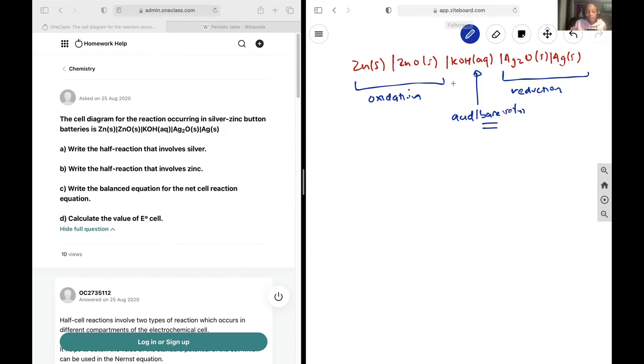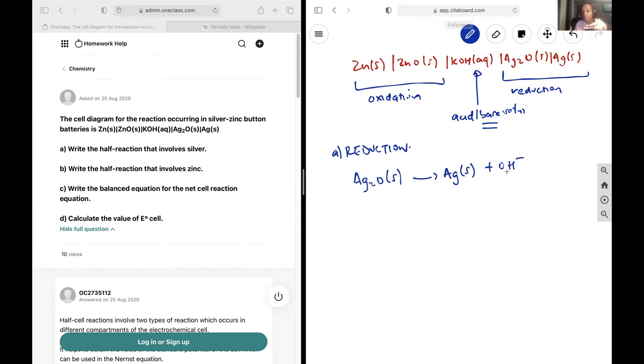So for the half reaction that involves silver, that's going to be reduction. And so we have Ag2O solid going to Ag solid. We can start out by balancing our oxygens. And so if we'd like to balance our oxygens, we know that we're balancing them with hydroxide ions. So plus OH minus.